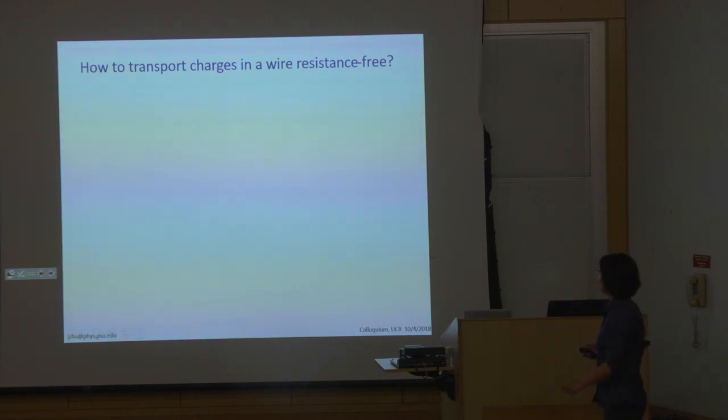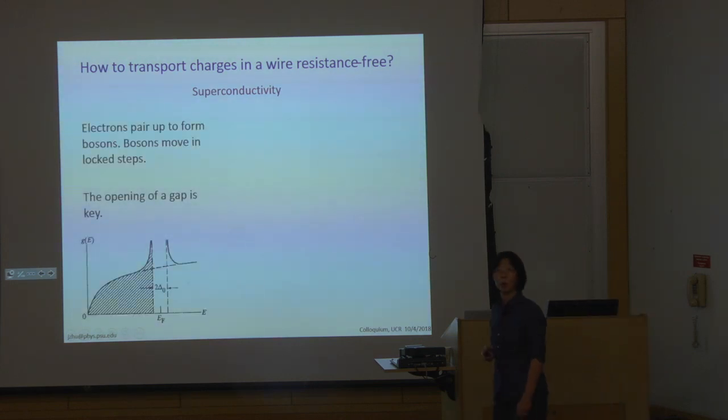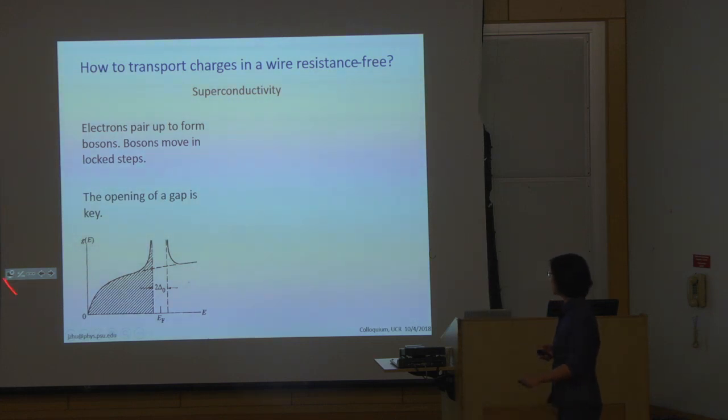As I alluded to, if you're working with a superconductor, then superconductivity allows you to do that. So how does a superconductor transport charge resistance-free? There are a couple of things happening in a superconductor. The very important thing here is that there is a gap opening at the Fermi level, where your electrons pair up to form bosons, and these bosons condense to energy below this gap.